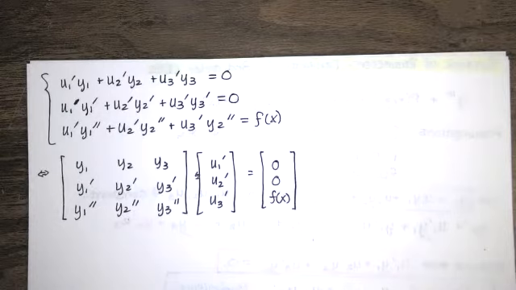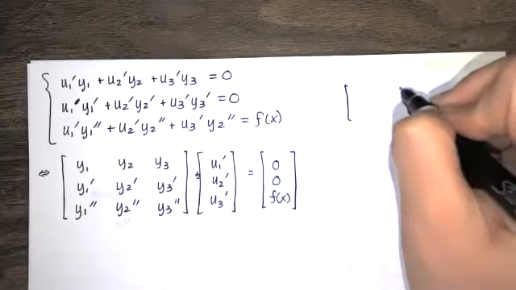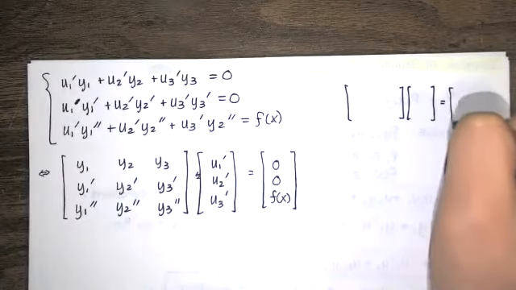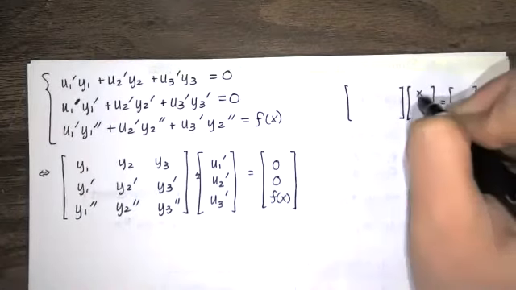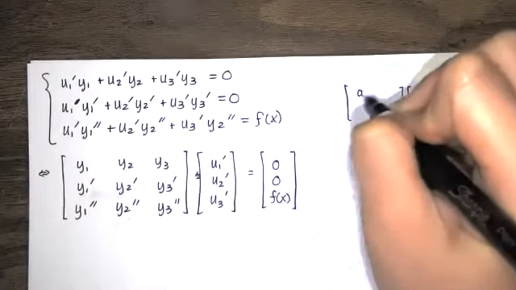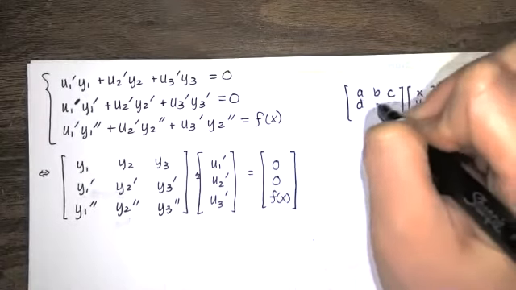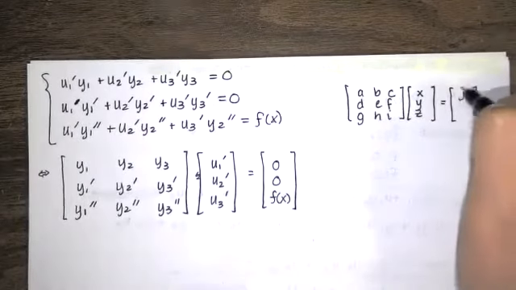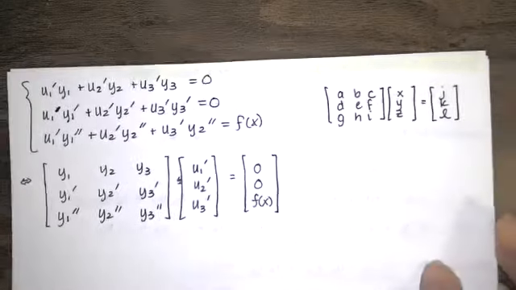Now Cramer's rule says this: if you have a 3 by 3 matrix, let's say the entries are A, B, C, D, E, F, G, H, I. And then I've got J, K, and L over here.